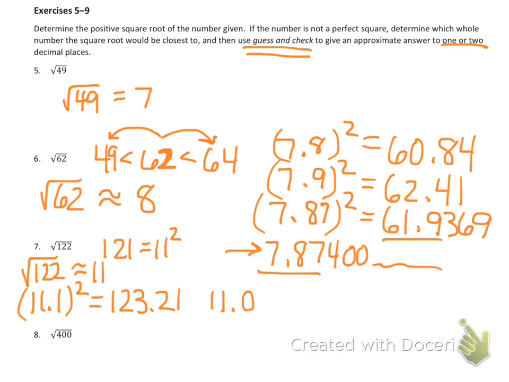It's got to have a 0 in the tenths place, right? Because that's the only thing less than 1. So it's got to have something in the hundredths place. So what's 11.05 squared?